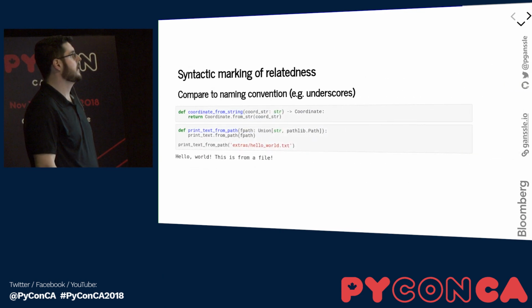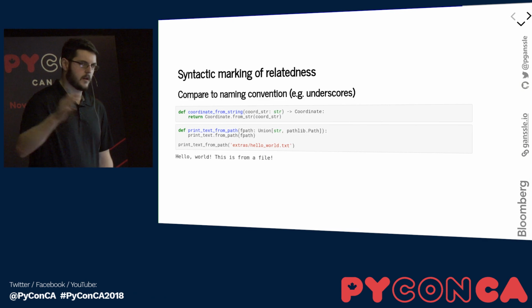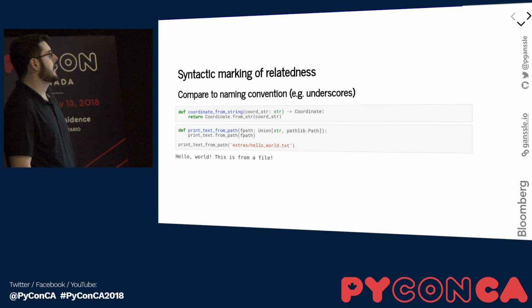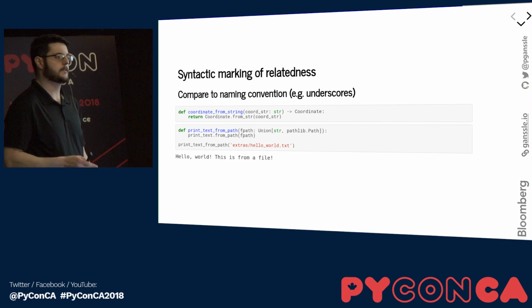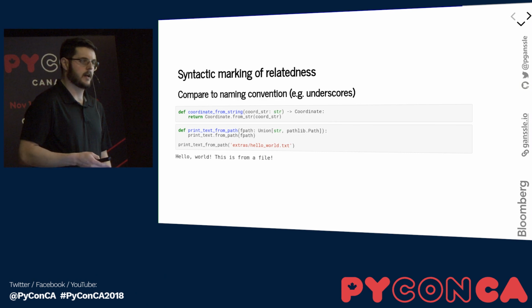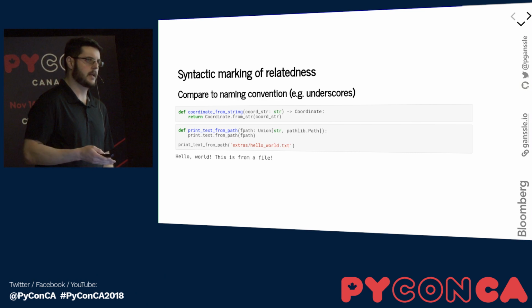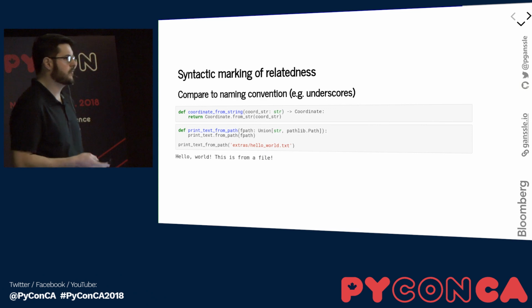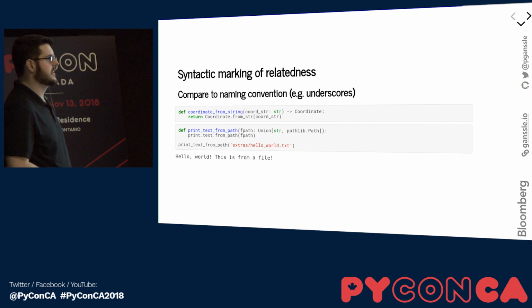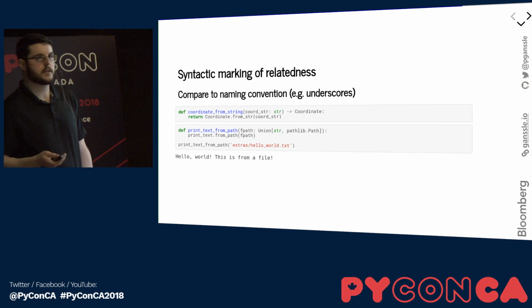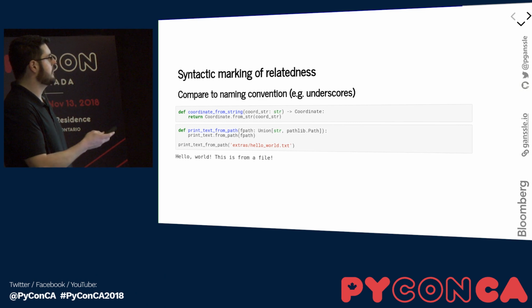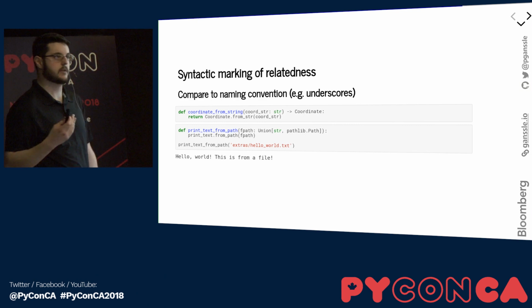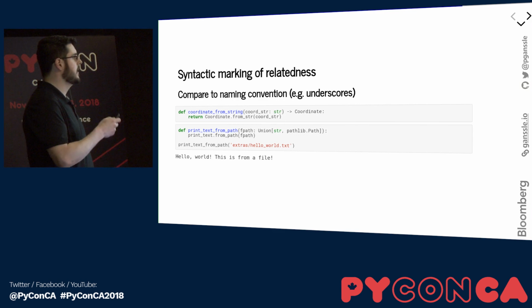Sort of a wrapping up theme is that syntactic marking of relatedness is another principle that I didn't really mention. I guess I was saving it for the end here, because you can do this with just a naming convention, right? Anytime you have something that's like a dot, you could just replace it with an underscore and it would work just fine, right?